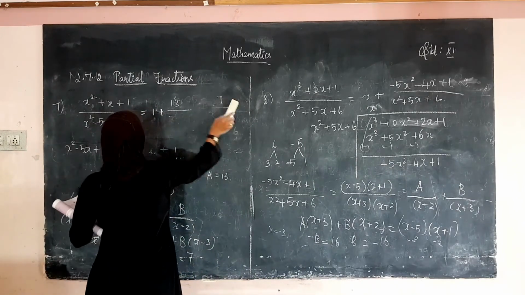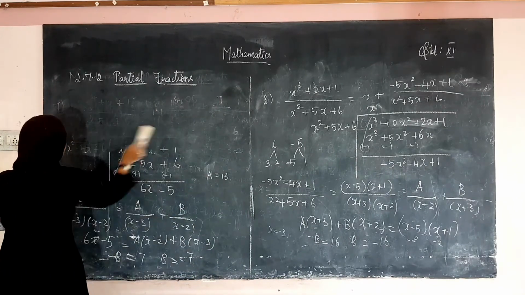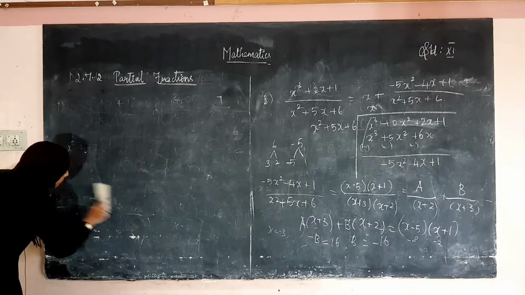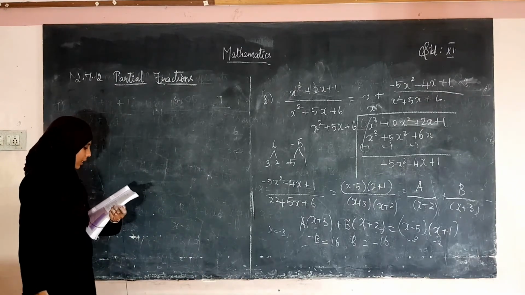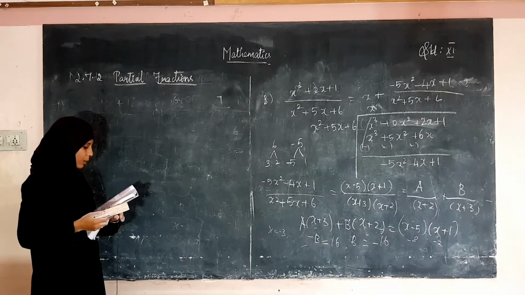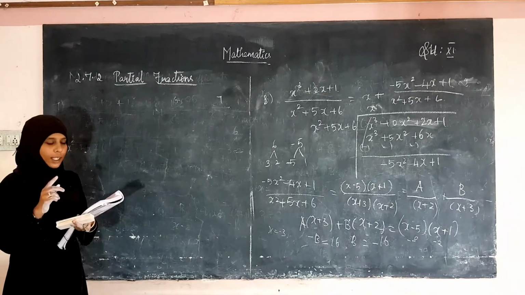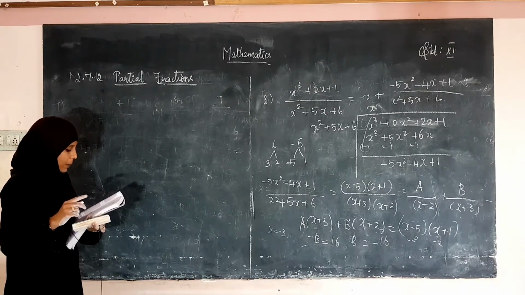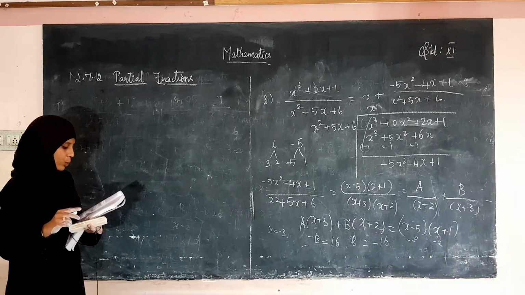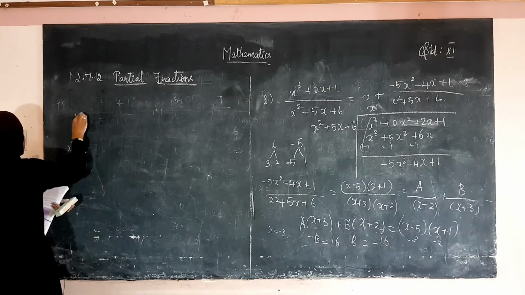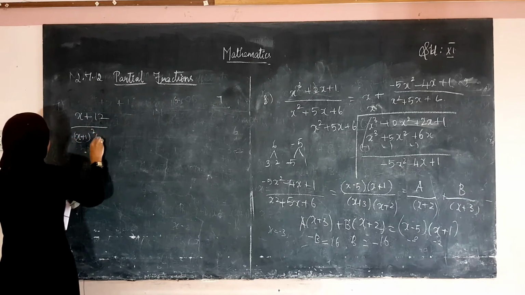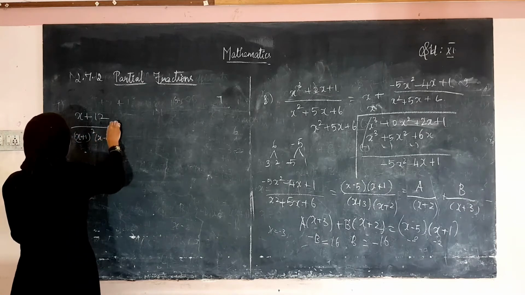So, the ninth sum is the assignment for you. At the top you have numerator x plus 12 and the denominator you have x plus 1 the whole square into x minus 2. Okay, so here x plus 12 divided by x plus 1 the whole square into x minus 2. So, how will you resolve this?